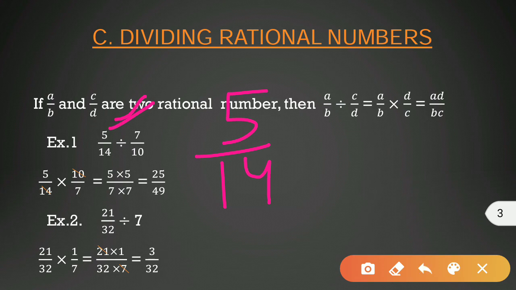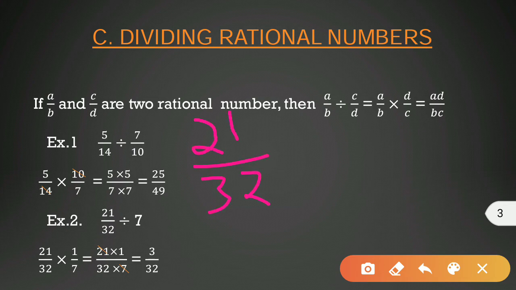Next question is 21 by 32 divide 7. Here also we do not have any denominator for 7, but as we know, if no denominator is given, we can suppose the denominator is 1. So the denominator of 7 is 1. If you want to convert this divide sign into multiply, the denominator will become the numerator.